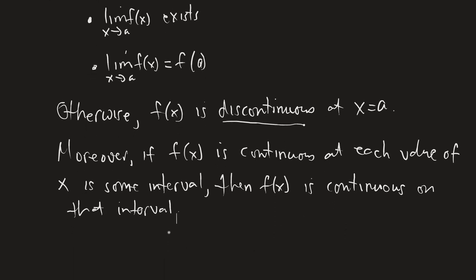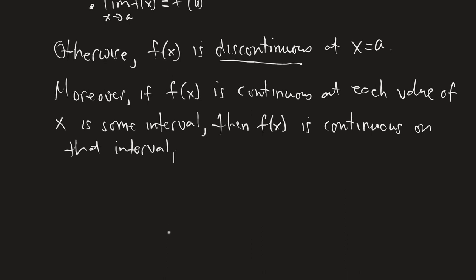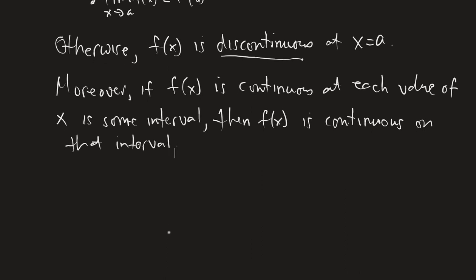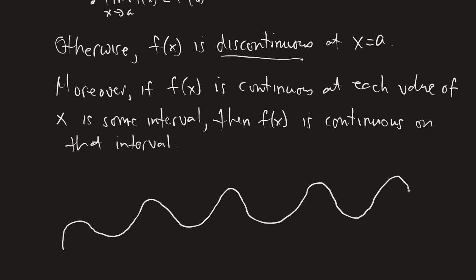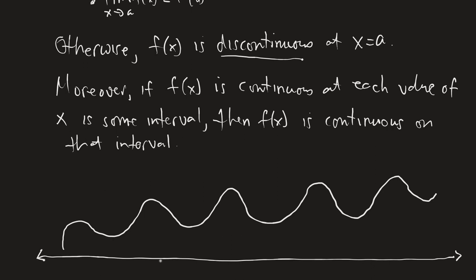But again, going back to the graphical way of visualizing continuity, it's the fact now that I can draw the graph of a function like this, right? And at every point, if I think of my x-axis like this, at every point a, so a different a, so let's say I have an a1 here, and then a2 there, and then a3, a4, a5, and I'll just say dot dot dot.